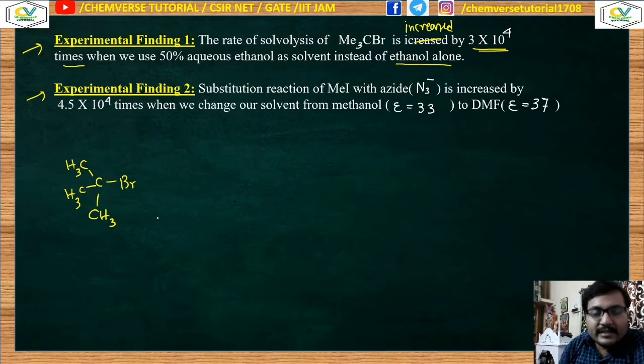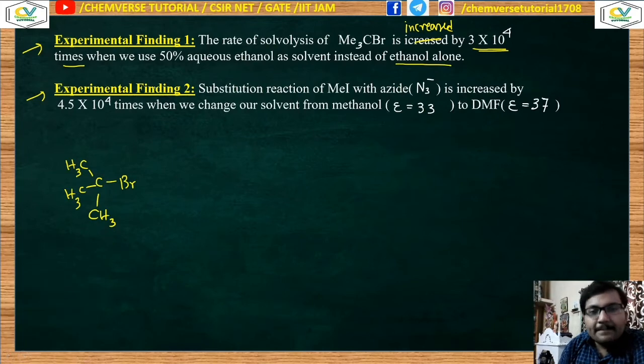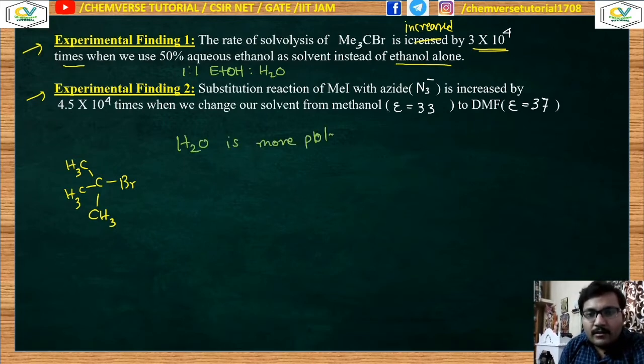50% aqueous ethanol means there will be 50% water and 50% ethanol, so a 1:1 mixture of ethanol to water. Now if you consider the polarity of ethanol and water, both are polar molecules, but H2O is more polar than ethanol.